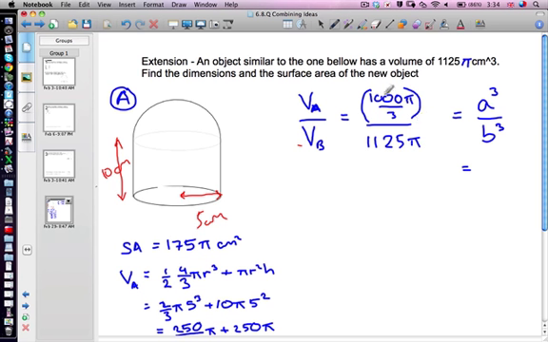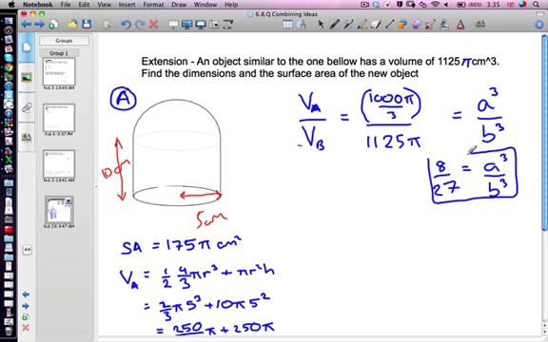So we can do 1000 pi over 3, and we can divide all that by 125 pi, change it into a fraction, and we'll find that that is actually the fraction 8 over 27. Okay, so I've just simplified this ratio, and I've got this number here. Now that's pretty useful.